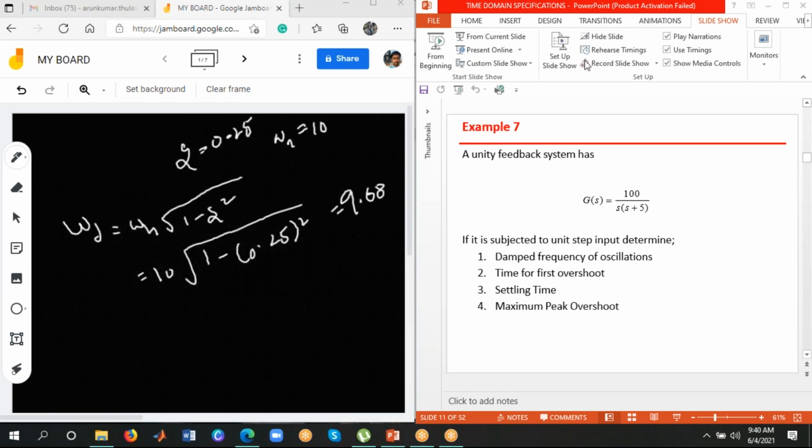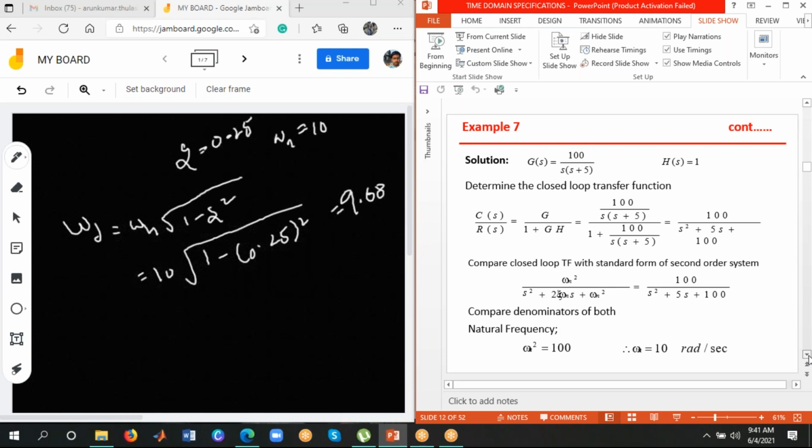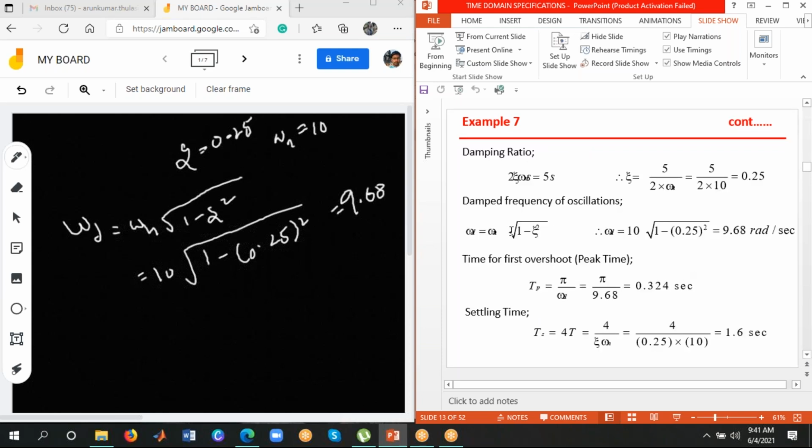What does time for first overshoot mean? TD is delay time, right? So we'll see that, and maximum peak overshoot. So the value of first overshoot is the peak time.